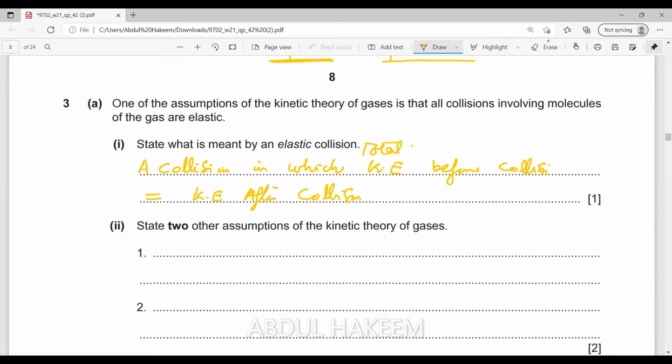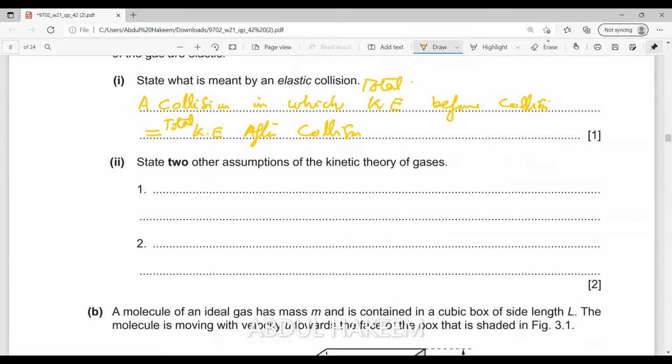So we will write: a collision in which total kinetic energy before collision is equal to total kinetic energy after collision. Mean kinetic energy is conserved.